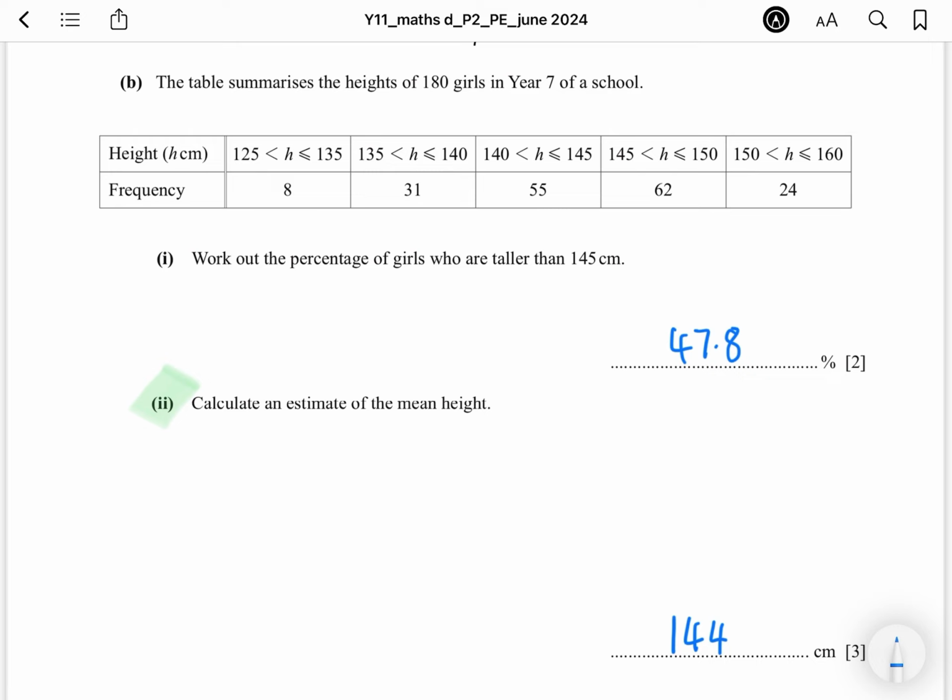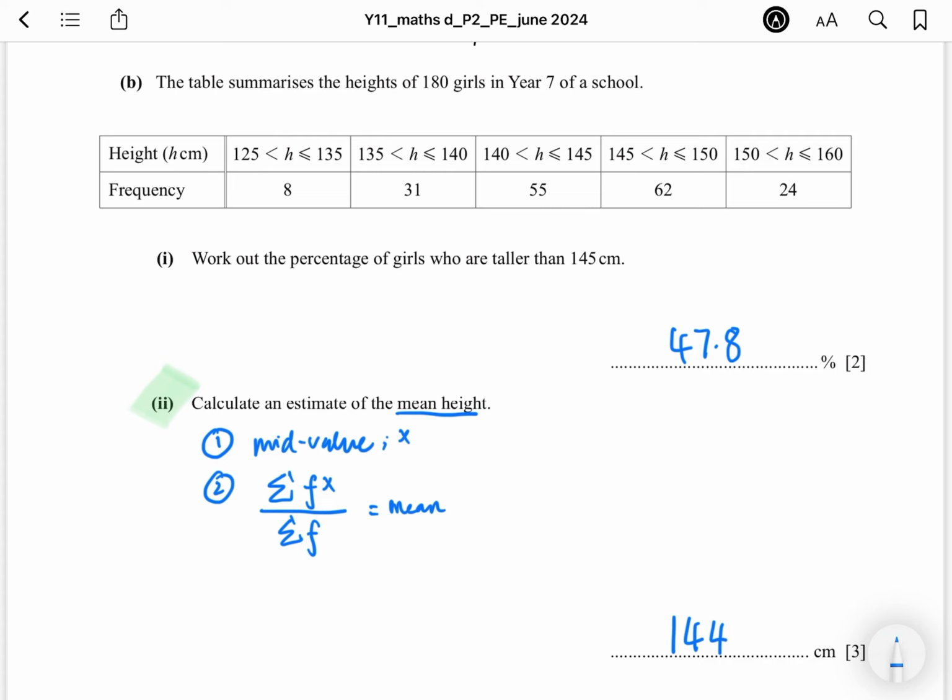In order to find the mean height, the first thing that you need to do is find the mid value for each interval, and then find the sum of the product of frequency and the mid value, divided by the total frequency, to get the mean.